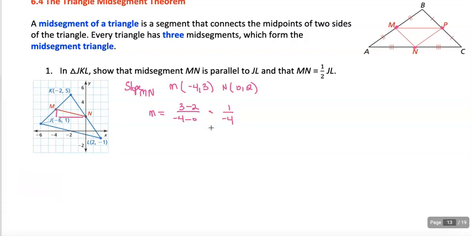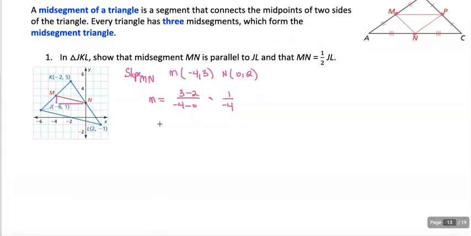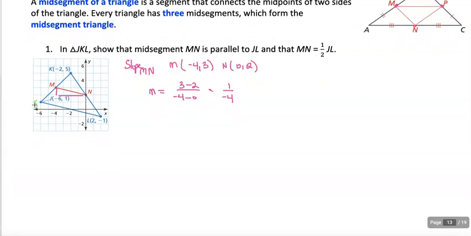And the slope of JL here, so there's point J, and for JL, I'm just going to count this time rather than using the slope formula. So here's the slope of JL.